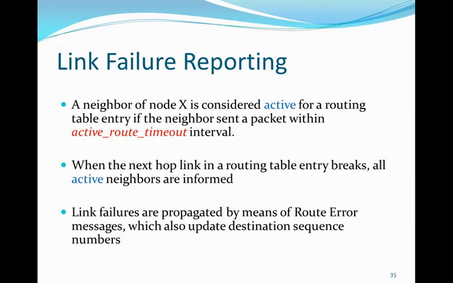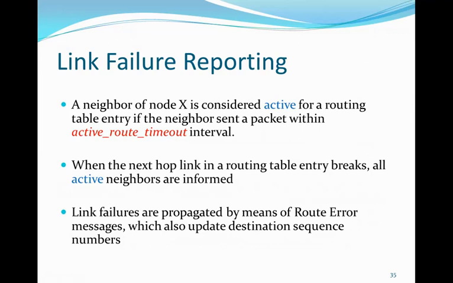And then it will also start other options for route discovery toward the destination node. Therefore, the link failure is propagated by means of a route error message, which is another type of packet, designed by that particular node, just like route request and route reply.